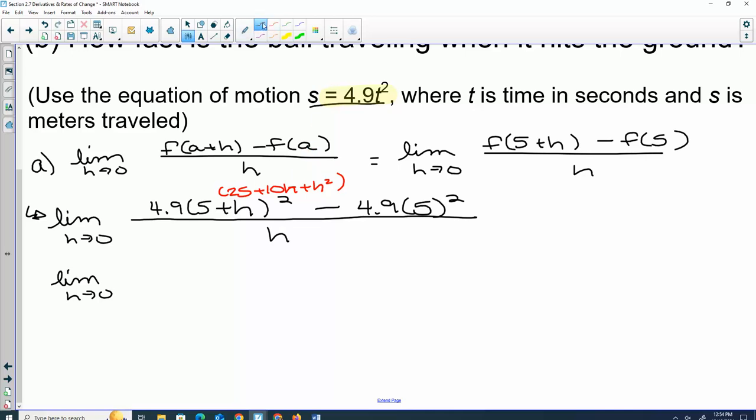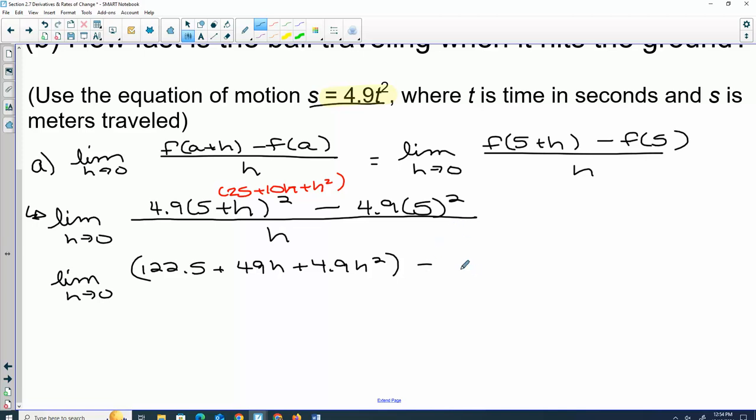Okay, so we have 4.9 times 25, so 122.5, plus 4.9 times 10, 49h, plus 4.9h squared. So that's the first one.